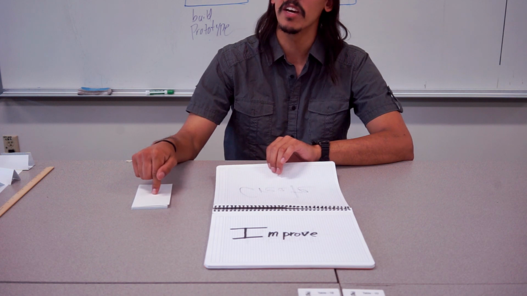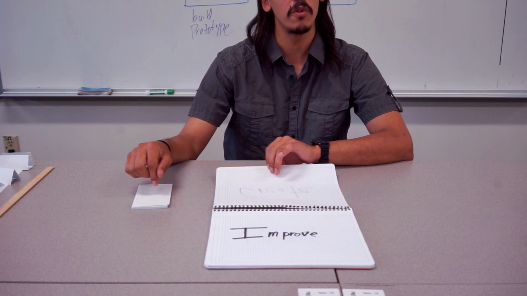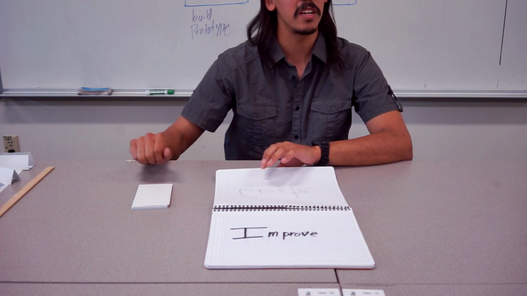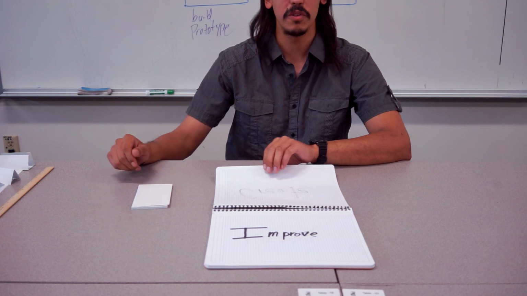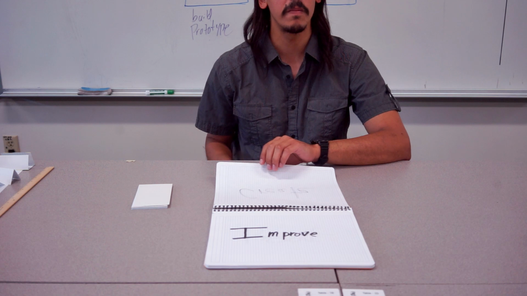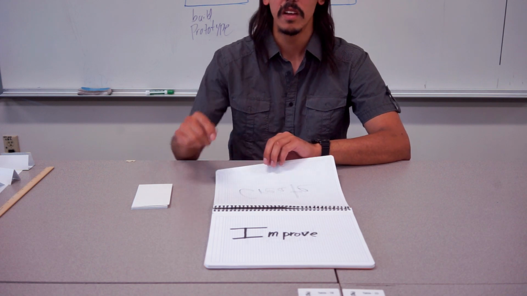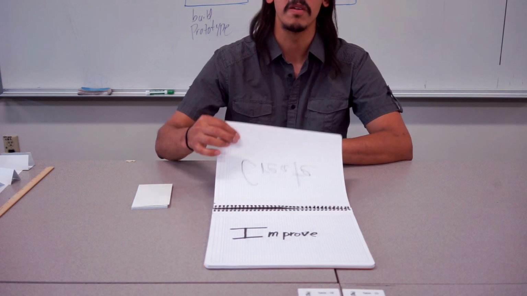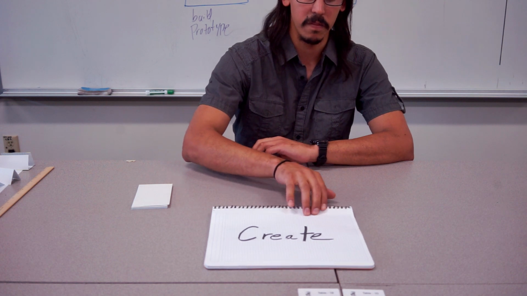If your index cards aren't all messed up, if they're not folded too terribly, you can get a little bit more tape and start over from the beginning. So don't be afraid to try and improve your design.